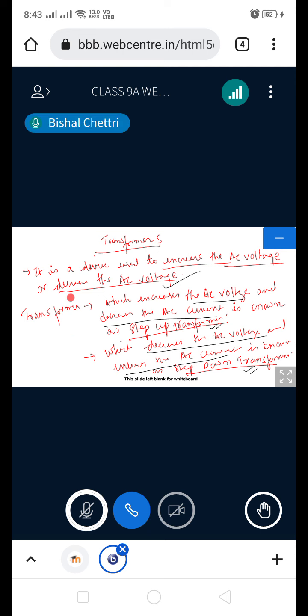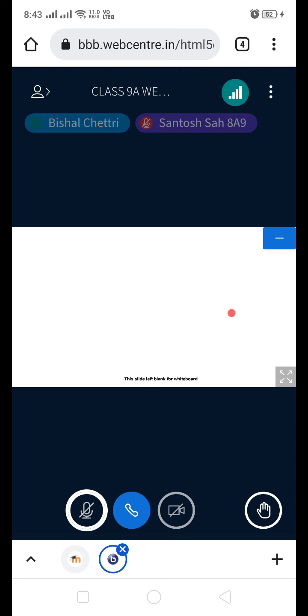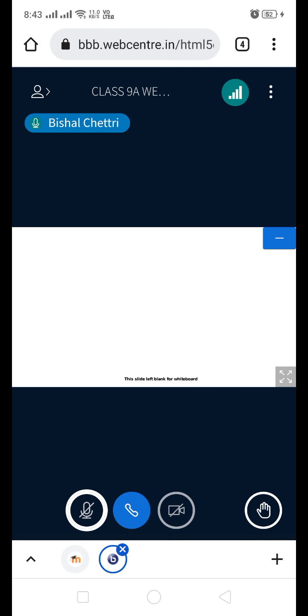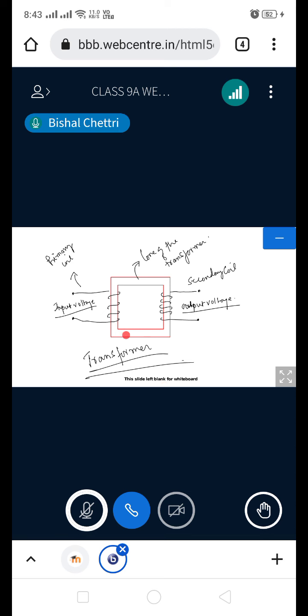Okay, so that means there has to be some difference somewhere to differentiate between a step-up and a step-down transformer, then in a diagram also. Correct? So if you see over here, diagrammatically, how do we differentiate it?